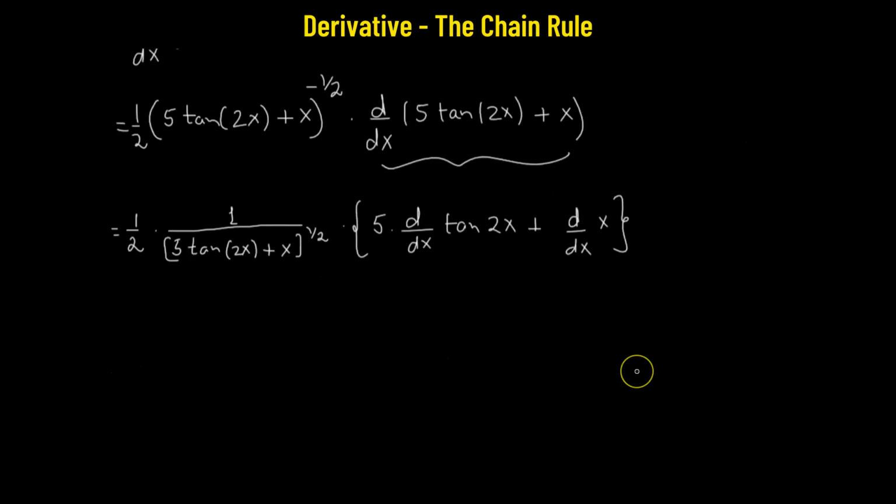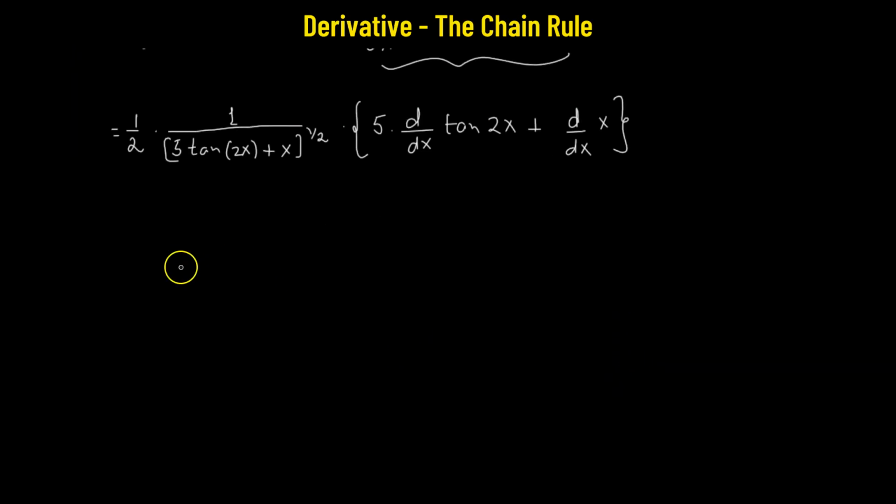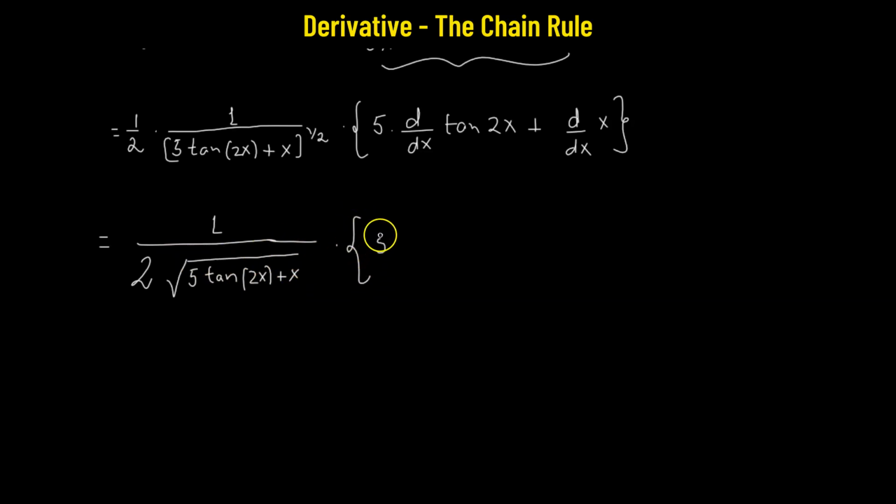Right. So this gives us 1 over 2 times. So now we convert the half back to its radical form. So this will be the square root of 5 times tangent of 2x plus x. This is now multiplied to 5 times.